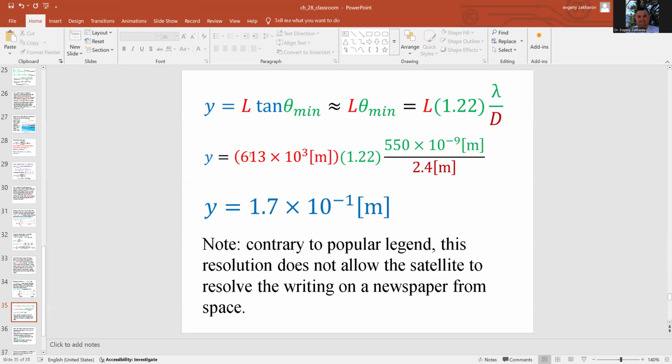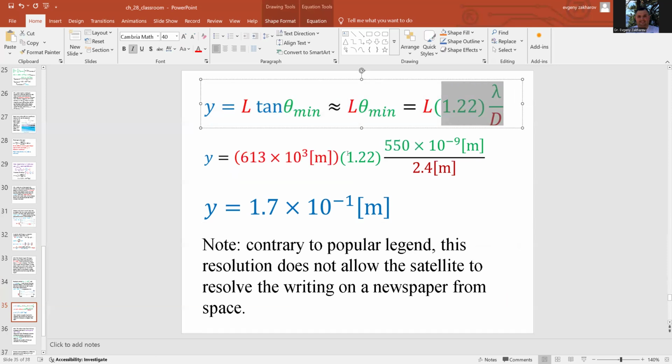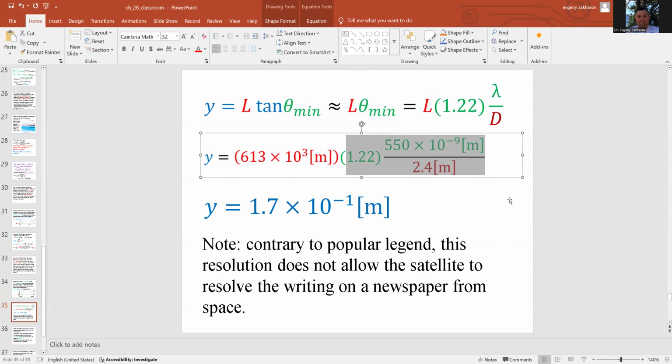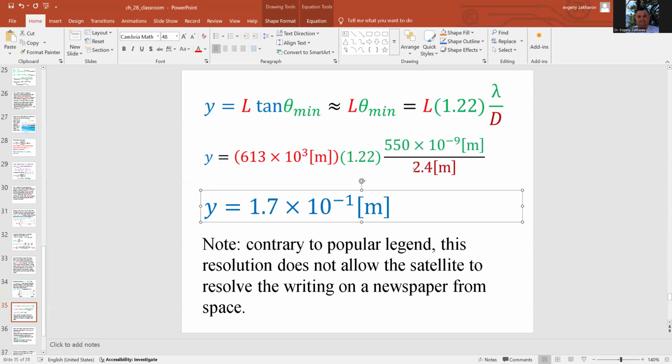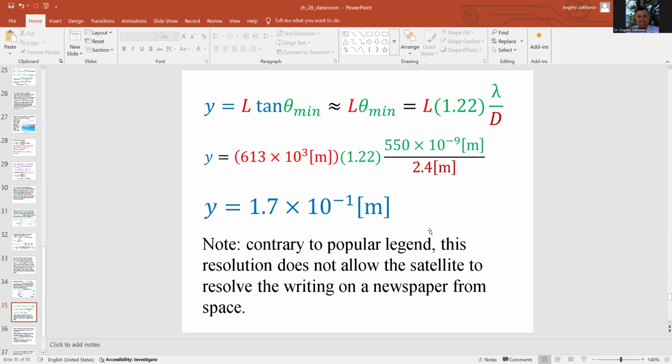So L is given, and the Rayleigh criterion is pretty much given. This is the size of the mirror. This is the wavelength of light, and 1.22 is the coefficient to work with. So it is 1.7 times 10 to the negative first meters. So that's what it's like, 1.7.